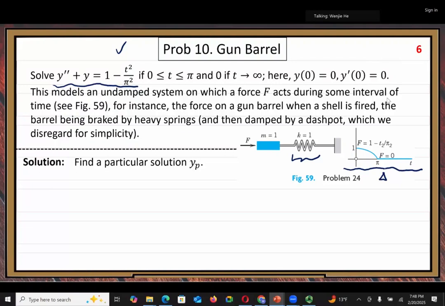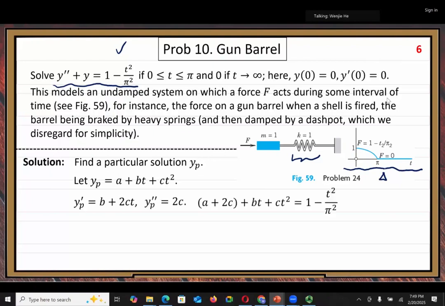Find a particular solution, yp. When you find that yp, you need to consider the two pieces. The first piece, so your yp should also be a quadratic polynomial. And the second piece, a constant, okay? So yp, prime, double prime, then you plug into the original equation.